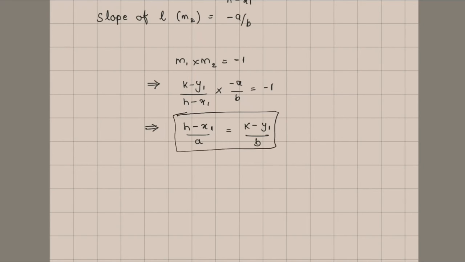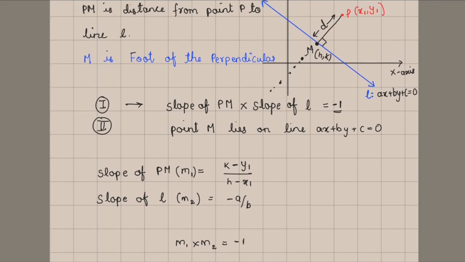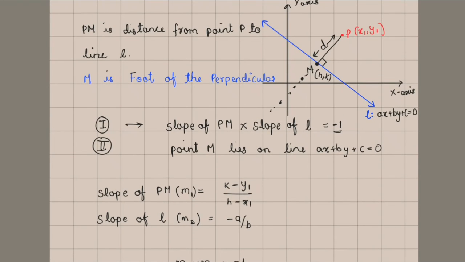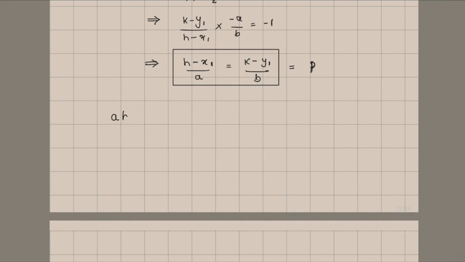This is equation 1. So we have two variables h and k, and we got an equation. Let's say this equals some constant p, as these two are equal. Now the second condition is that the point M should lie on the line L. So this point should satisfy the equation of L. The second equation is ah plus bk plus c equals 0.